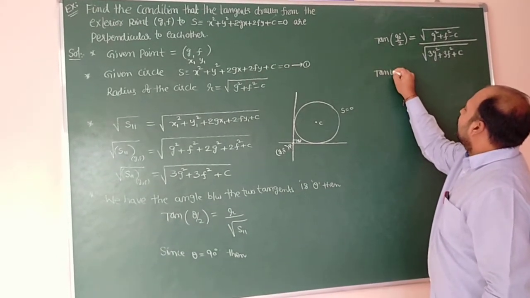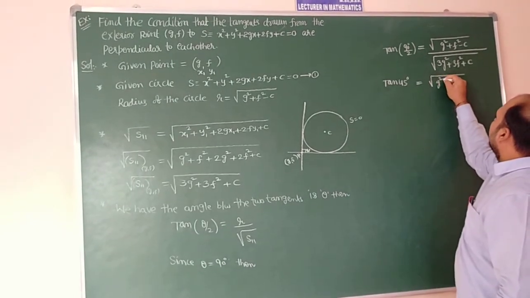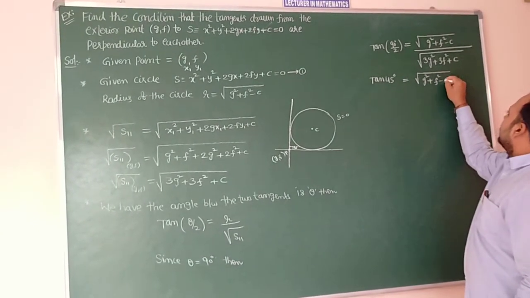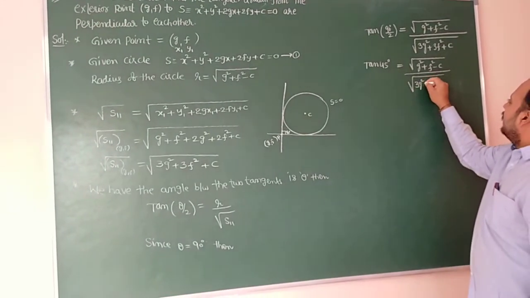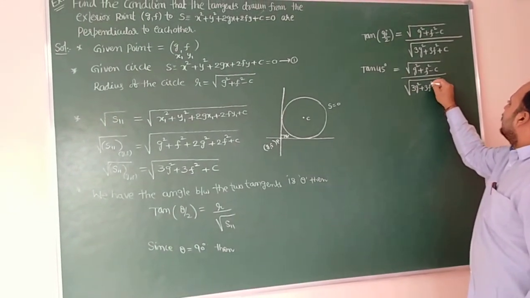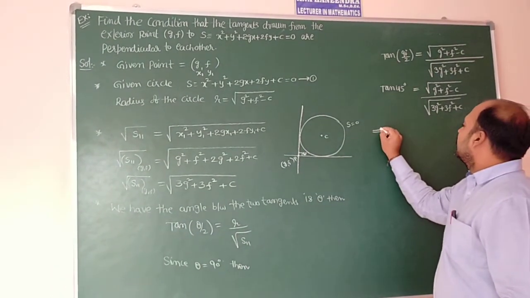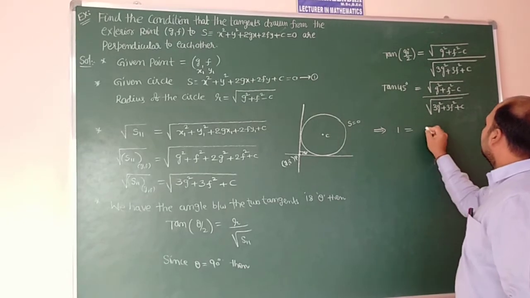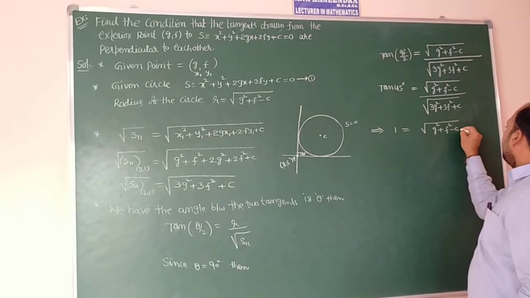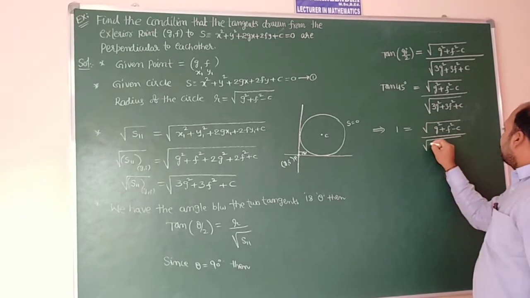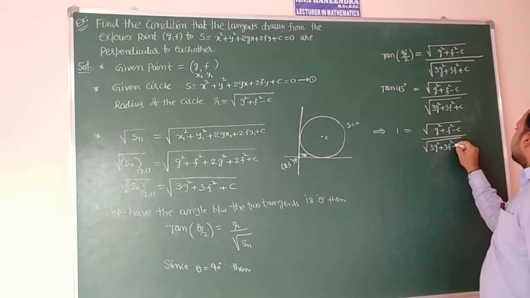Tan 45 is equal to square root of g square plus f square minus c by square root of 3g square plus 3f square plus c. Now tan 45 is 1, equal to square root of g square plus f square minus c divided by square root of 3g square plus 3f square plus c.